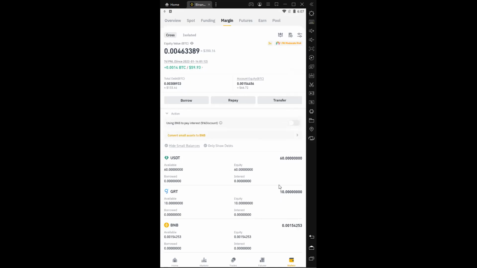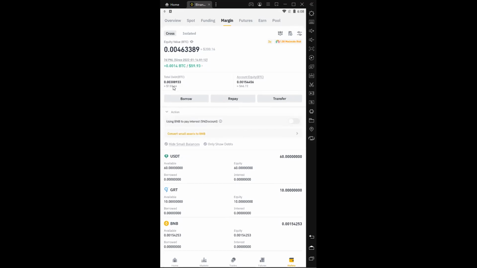So my $60 now has a value of, actually, $180, because I have this particular coin GRT there. So I have a total debt to pay back of $133.